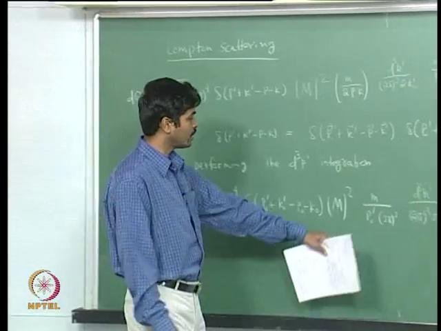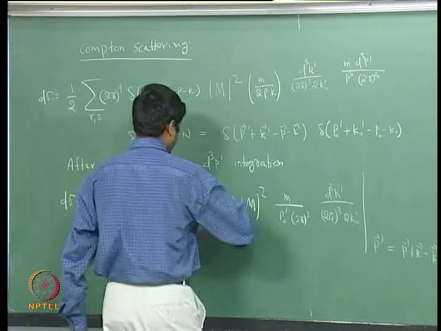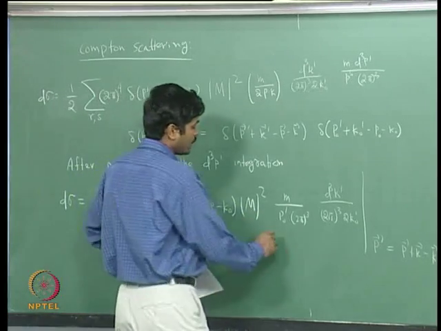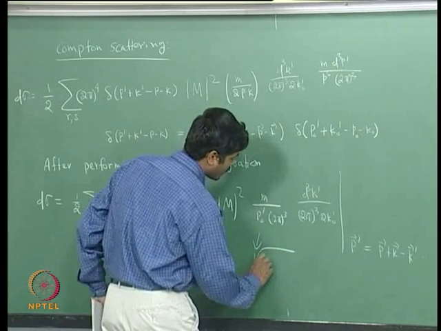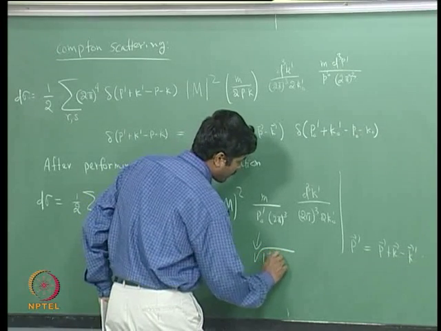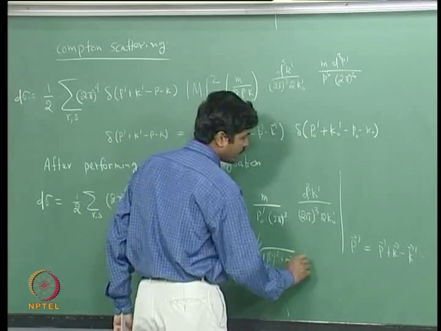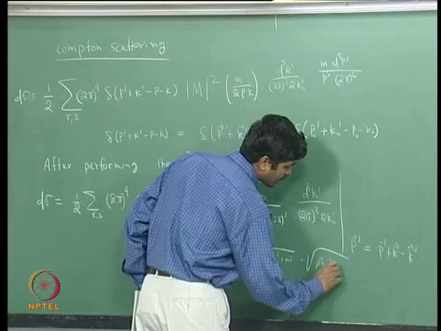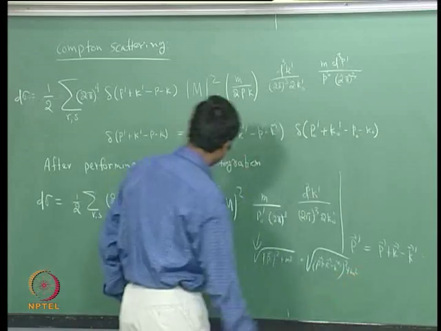So, you need to replace it everywhere. Wherever you get p prime, you need to replace this. For example, in place of p0 prime, which is nothing but square root of p prime square plus m square, you need to write square root of (p plus k minus k prime) square plus m square.